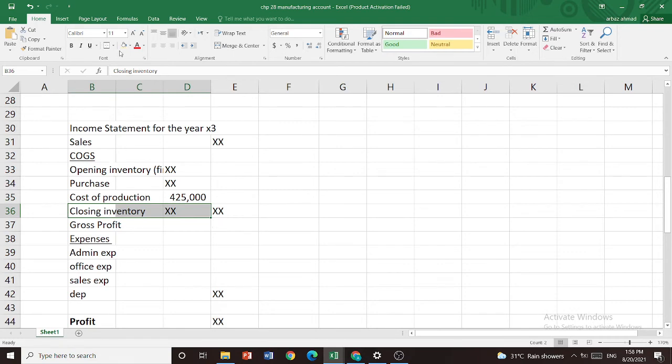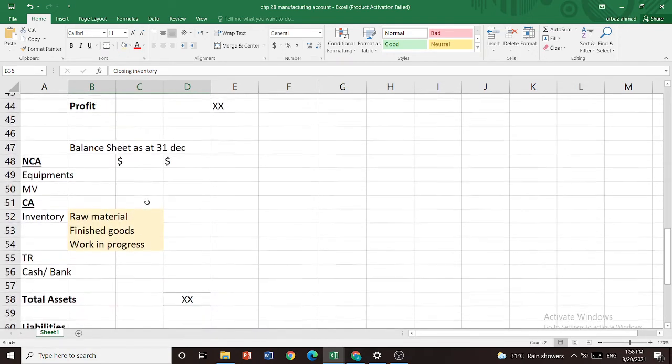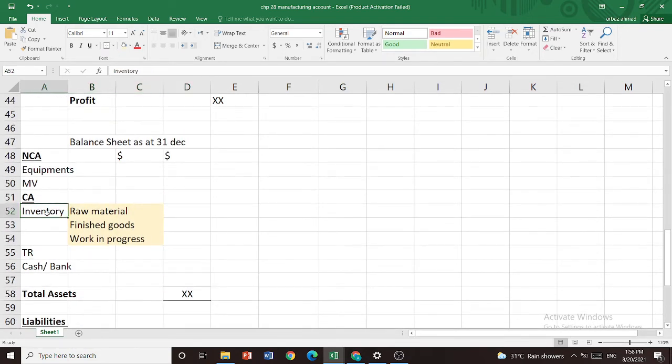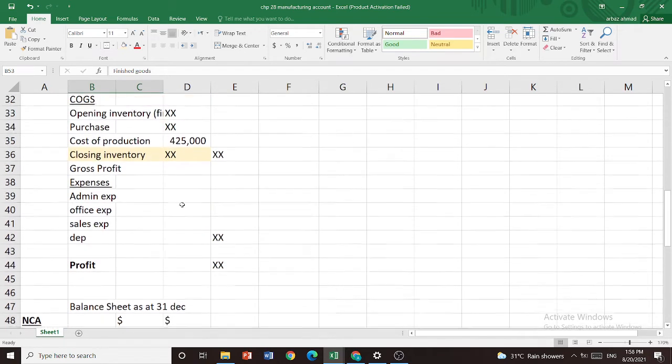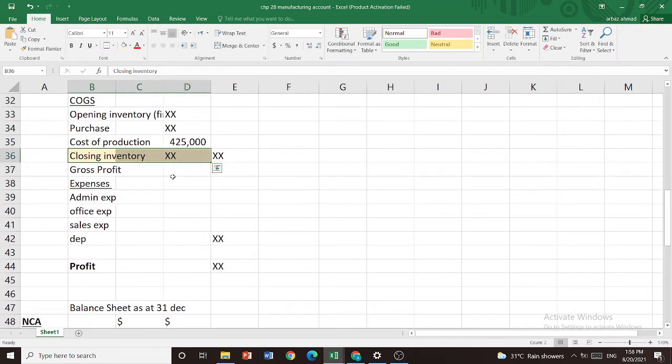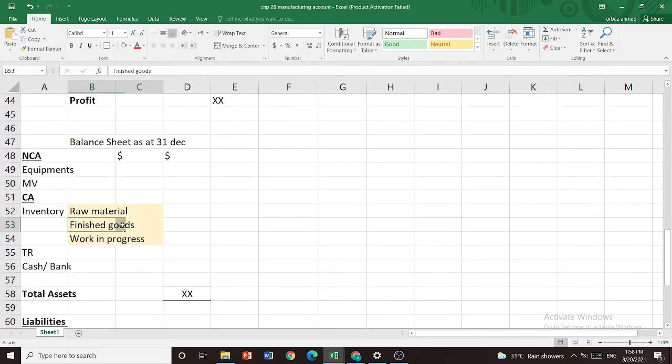So this closing inventory will be in the balance sheet usually, okay. But now we have this one, normally we will have this, and now also we have this, but we have 2 additional items, okay. Maybe I can change the colors. These are the 2 additional items.